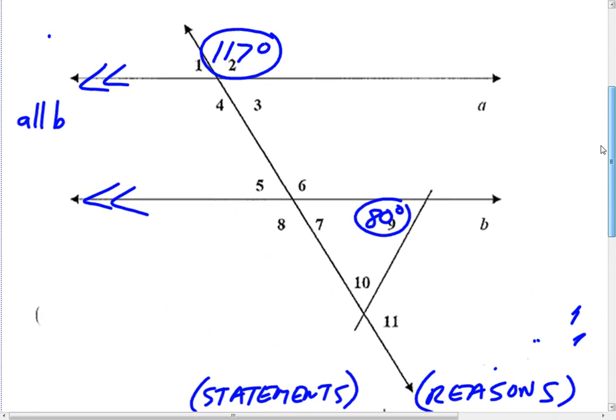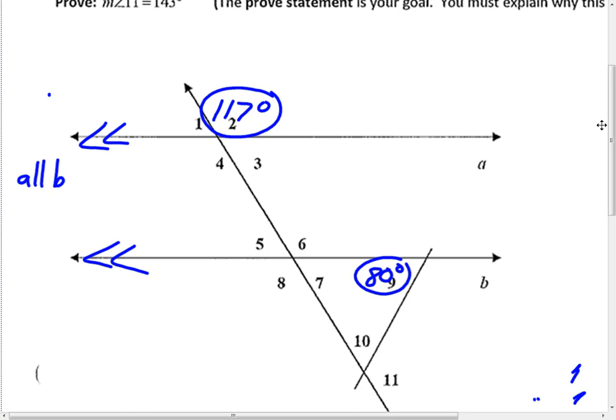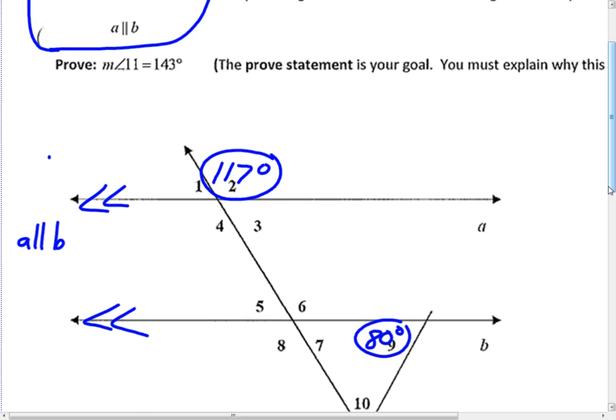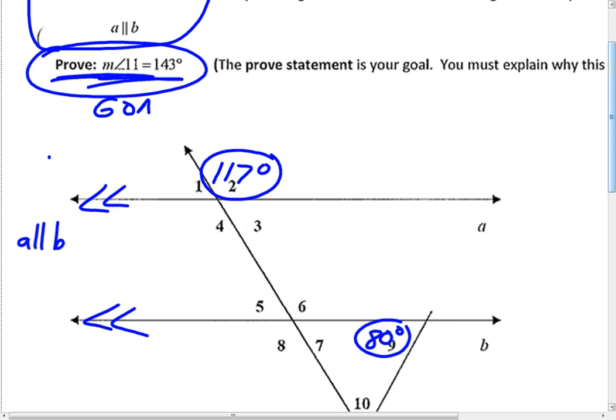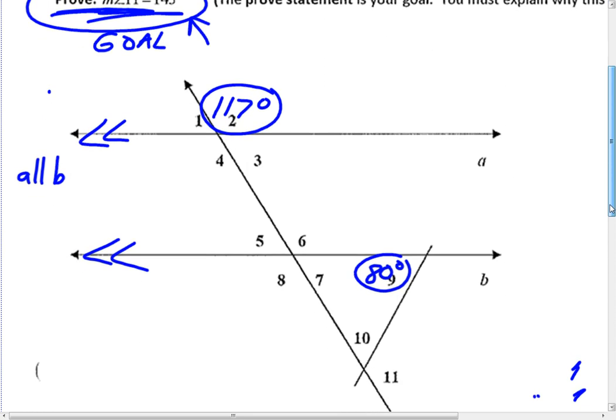Don't lose sight of what it is that we are trying to prove. That is going to end up being the last line of our proof. We're aiming towards this. This is our goal. It doesn't mean that it's true yet. It could turn out to be false.